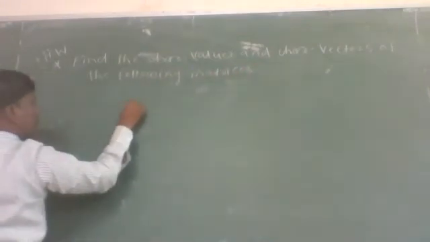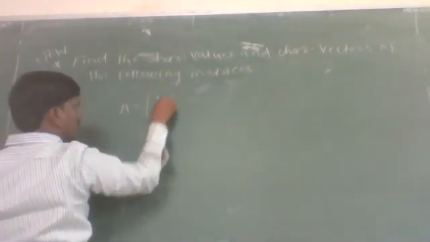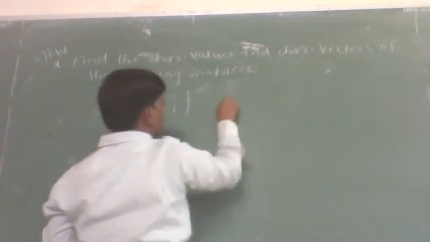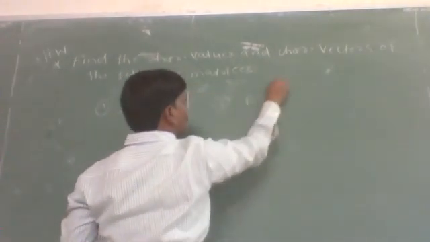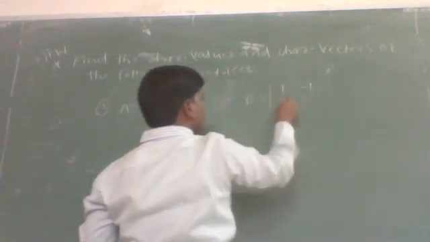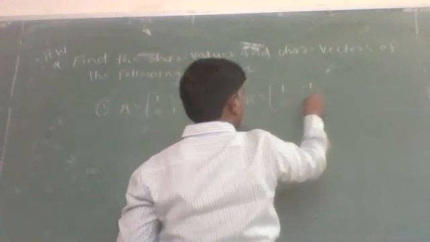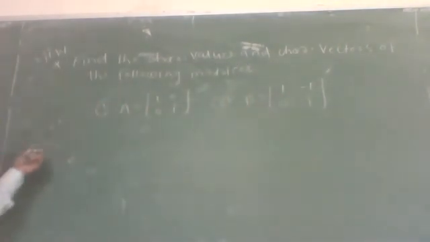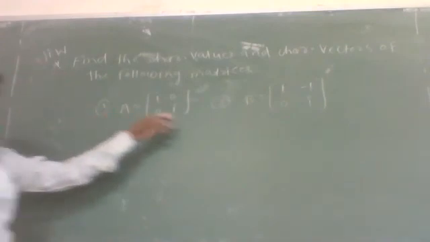A equal to [1 0 0...]. This one is the first one, and the second one is B equal to [1 ... minus 1 ...]. So we have to find out the characteristic vectors and characteristic values of these matrices.